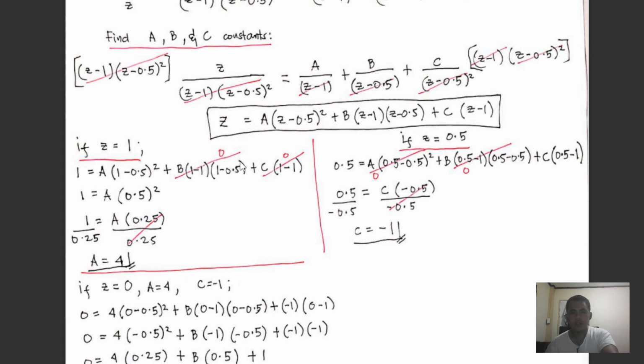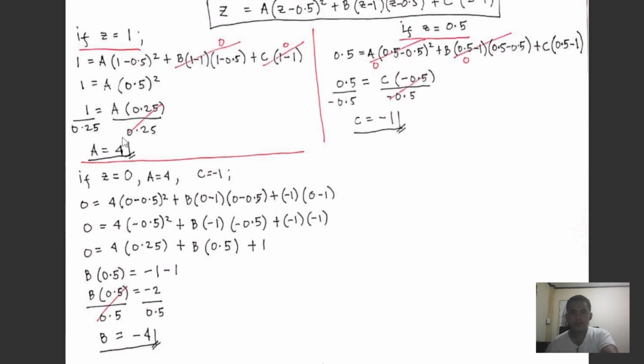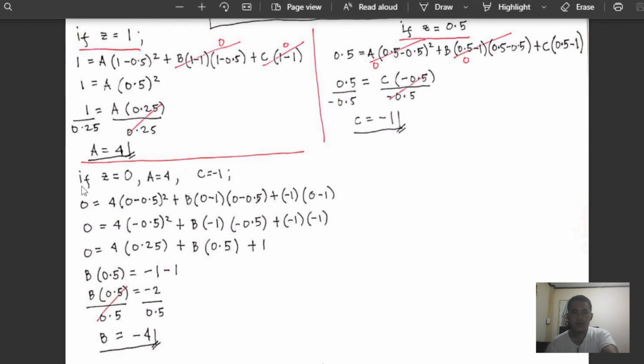This is equal to 0. And if z equals 0.5, we do the solving and we get c equals negative 1. After that, we take these solutions and put them here.